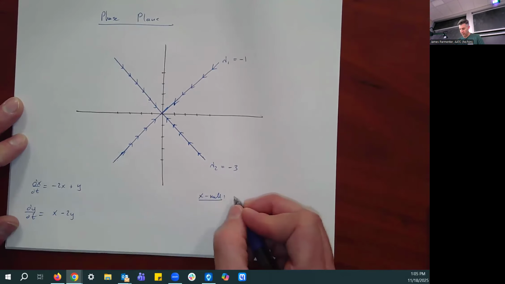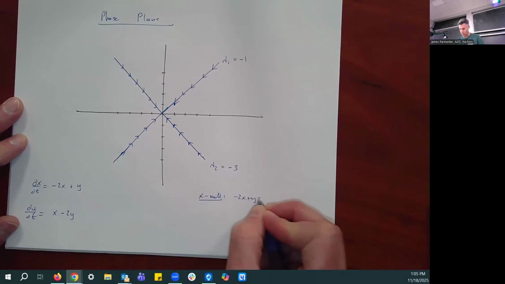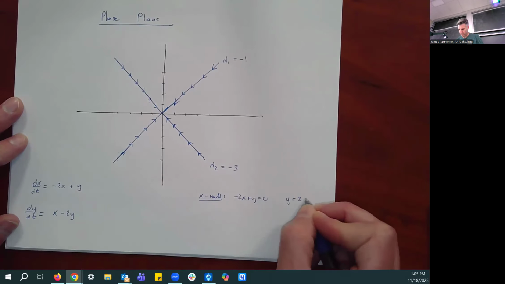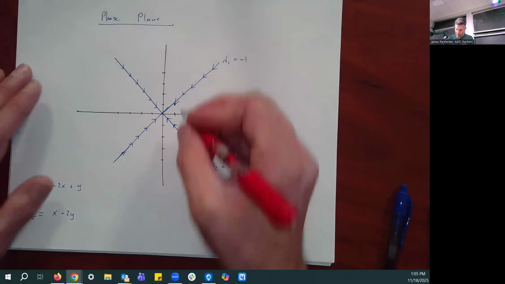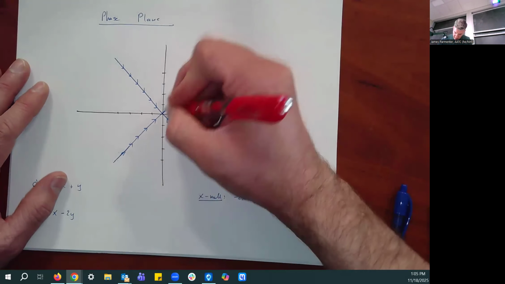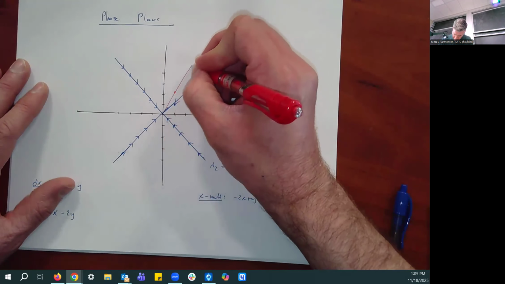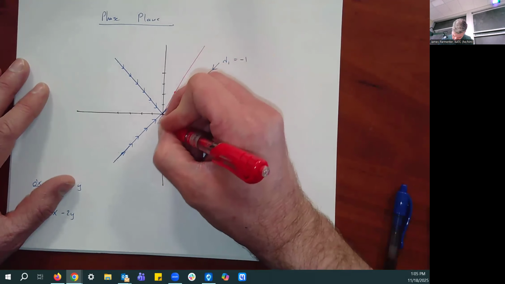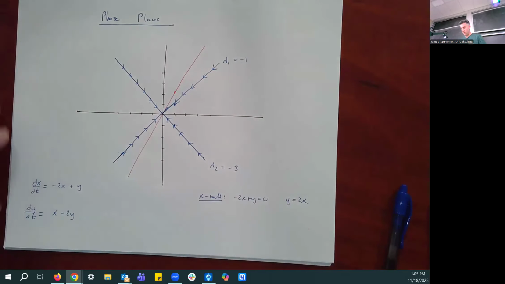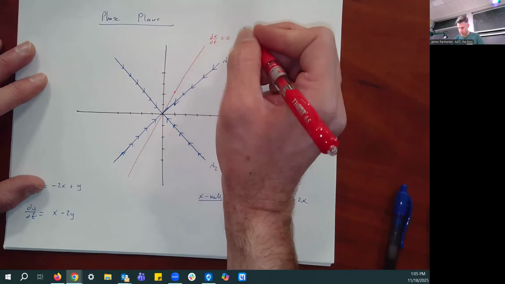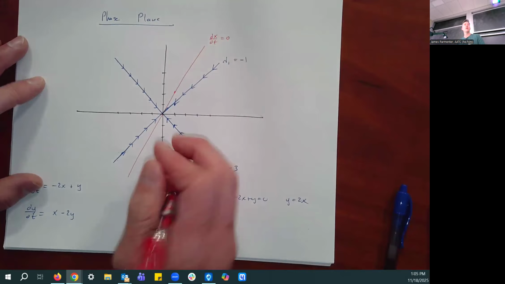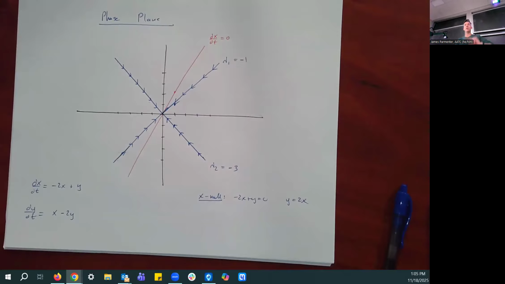So we get negative 2x plus y equal to 0, or y equal to 2x. Let's draw that one in red. Along the line y equal to 2x, that is our x nullcline, where dx/dt is equal to 0.